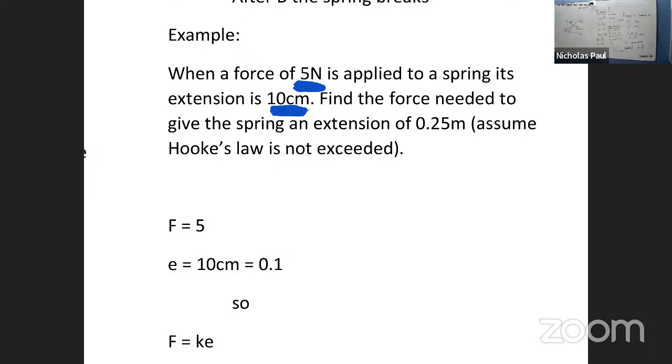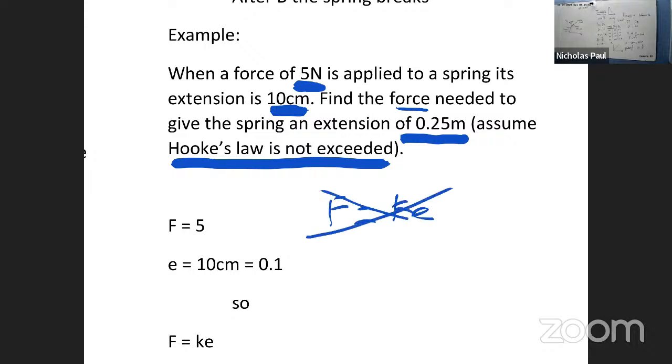They want us now to find the force needed to give an extension of 0.25 meters. Very important, we assume that Hooke's law is not exceeded. If Hooke's law is exceeded, we cannot use that.